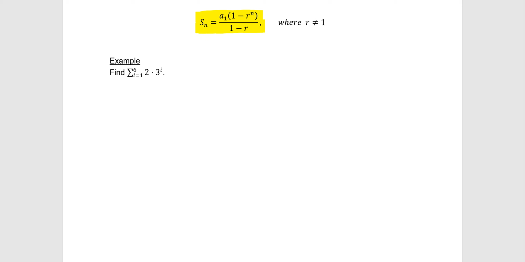Or we can use this little shortcut: s sub n, the sum of the first n terms, equals a sub 1 times 1 minus r to the n divided by 1 minus r. So let's see what we need here.